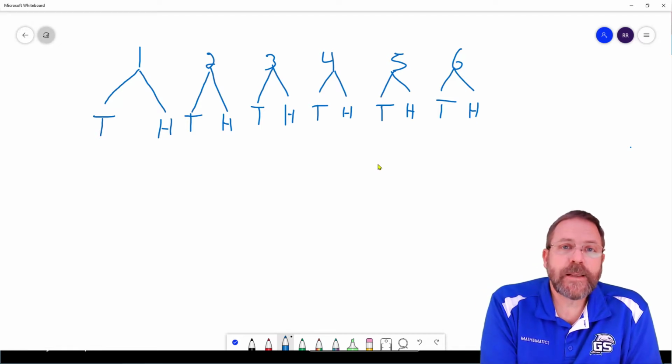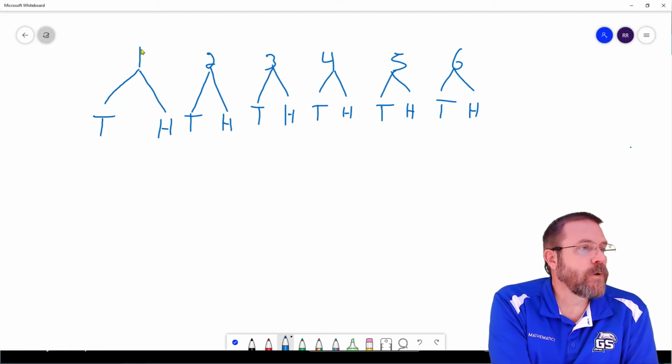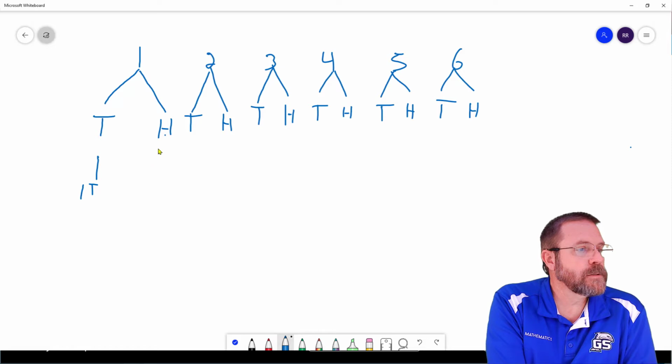This is going to lead us down to the sample space. If you follow 1 tails, that means the first option would be a 1 and a tails. If you followed 1 heads, then you would have a 1 and a heads.